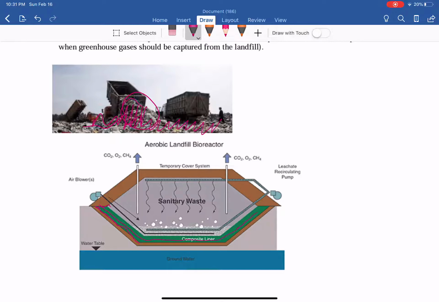And when the leachate is collected at the bottom of the landfill, they take it and then recycle it back. So this leachate is being recycled back. So you could finally treat also the leachate, which has a high organic concentration.